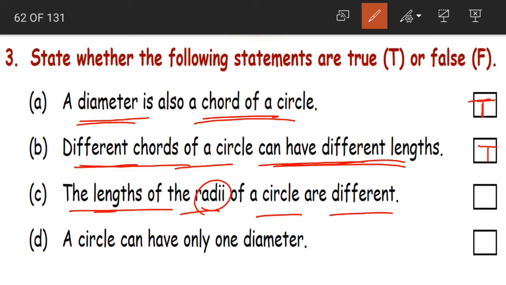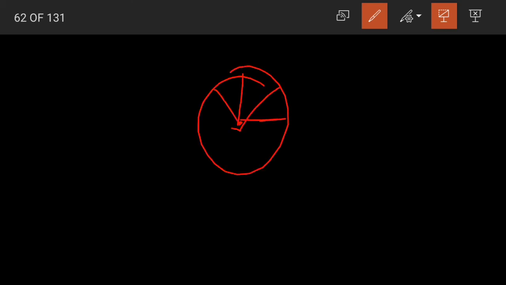So what is this? The lengths of the radii of circle are different. This is false. So no matter whichever radius we take, the length of different radii for the same circle will be the same.